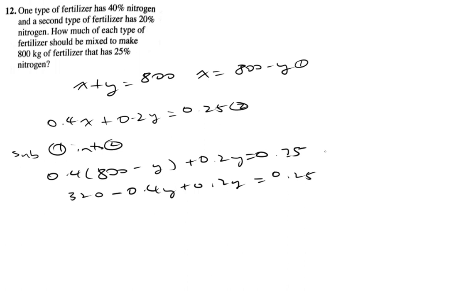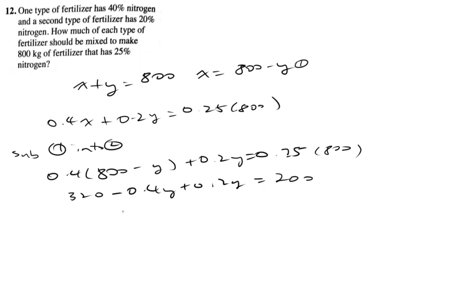Should be 0.25 multiplied, sorry, it should actually be 0.25 multiplied by 800 here, since it's 800. I forgot the quantity for this one. So 0.25, so it's 1/4 of 800, which is 200.